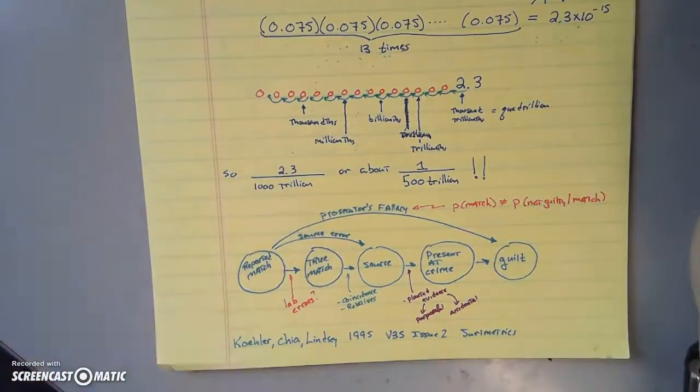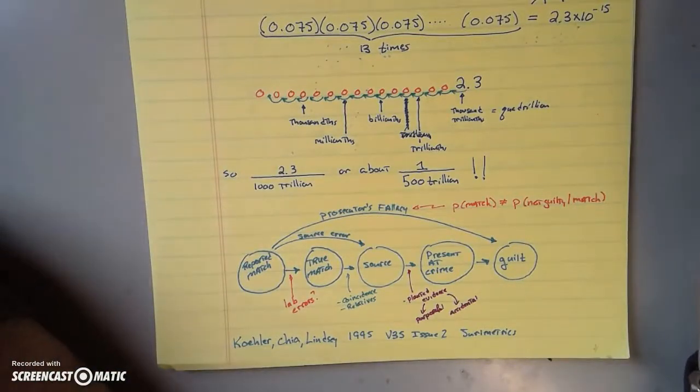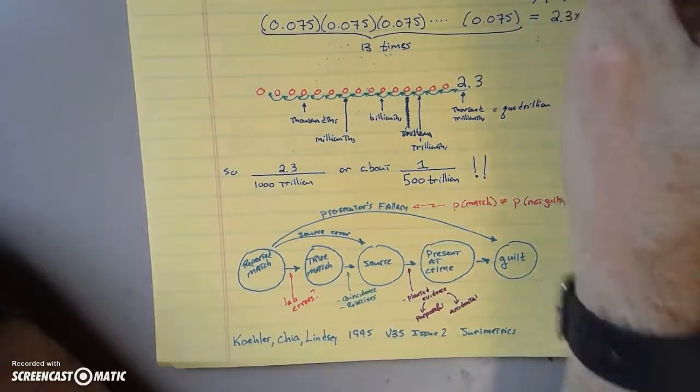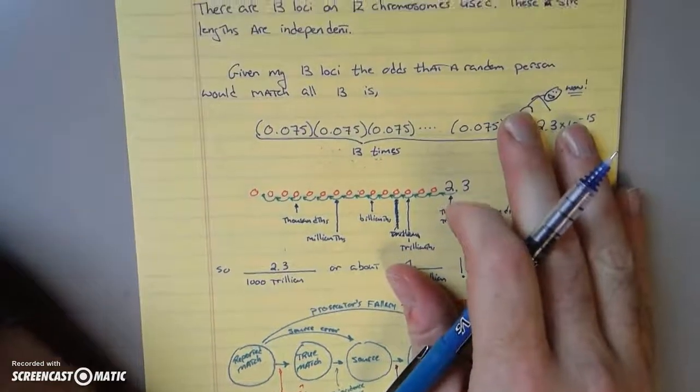You saw in class that the allele frequency for different STR for different alleles at different loci are huge tables of numbers. So this is important. This is a number we're using.